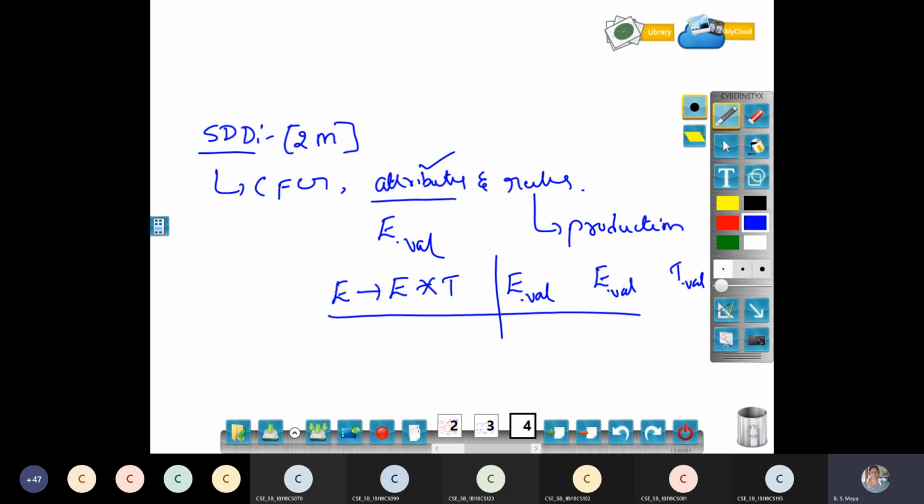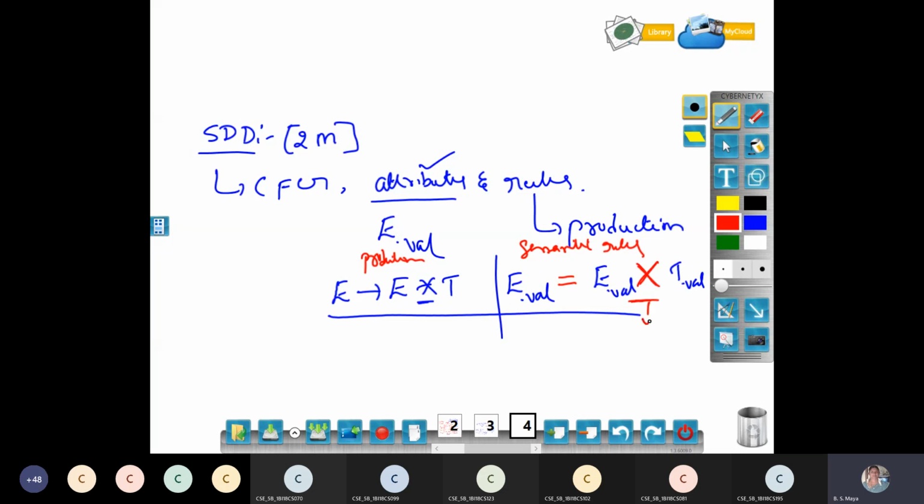After that, I have to write the rules. For the multiplication operation, while writing rules, instead of star I modify it to the multiplication symbol. For this production I am writing a semantic rule: E.val equals E.val into T.val.